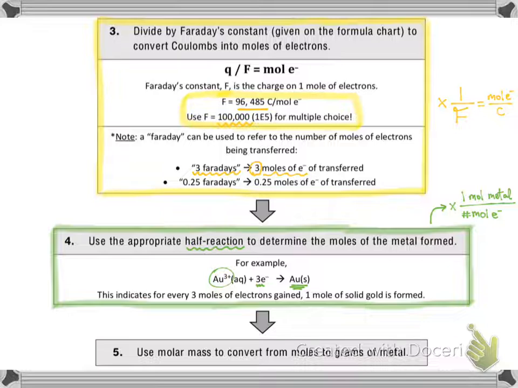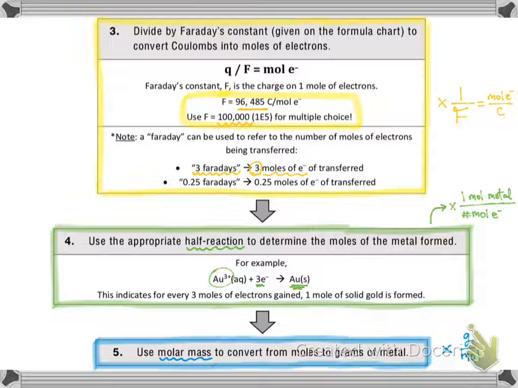So for this step, you're multiplying by a conversion fraction where you have 1 mole of the metal on top, always, and then the number of moles of electrons being transferred relative to that metal on the bottom. And now you're in moles of metal. Easy peasy, to go to grams, use molar mass. You're literally just multiplying times grams per mole.